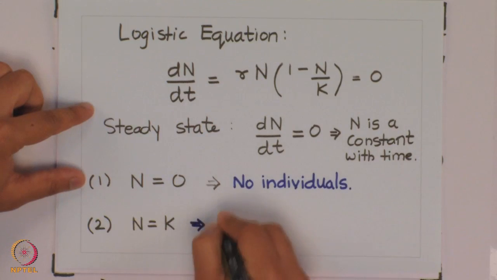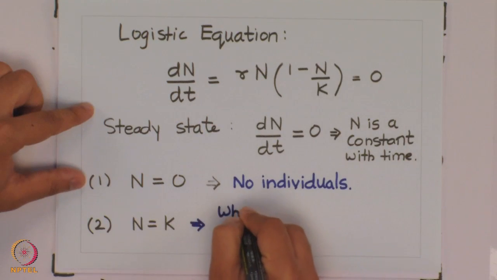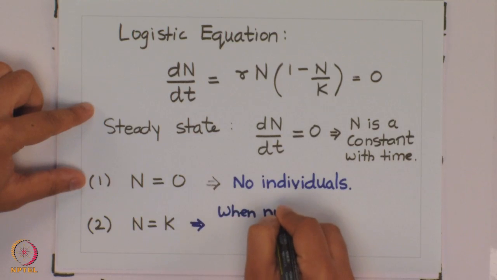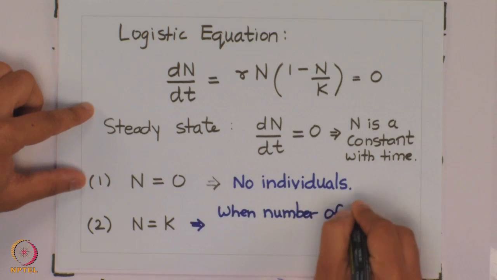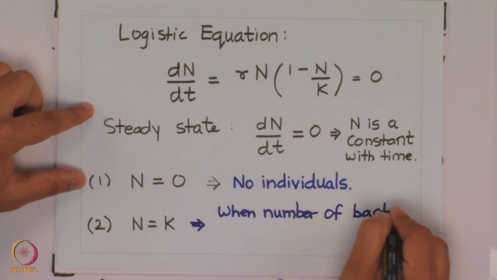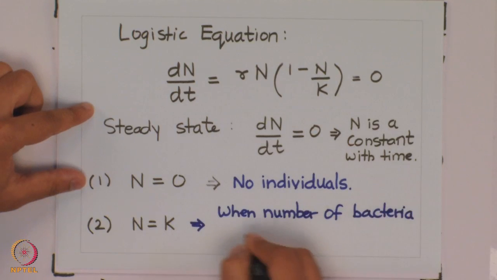The other steady state, N is equal to K, represents the case when the number of bacteria equals the carrying capacity of the environment.